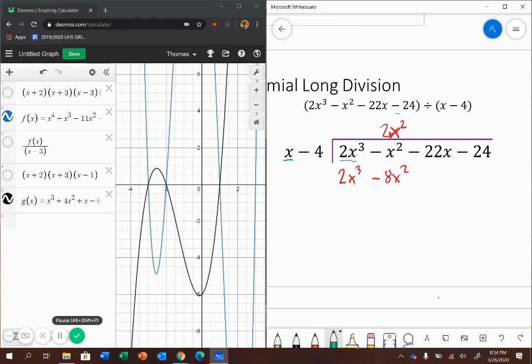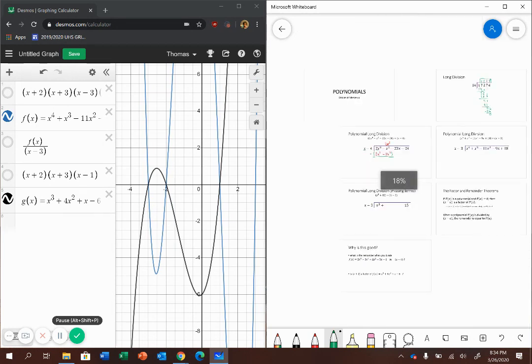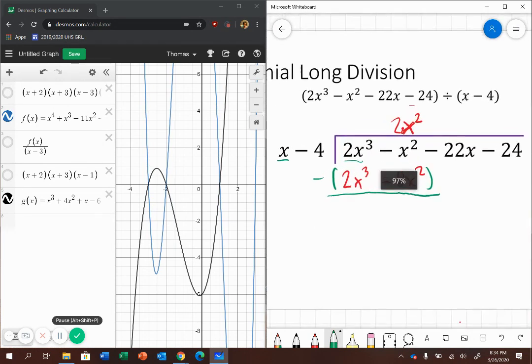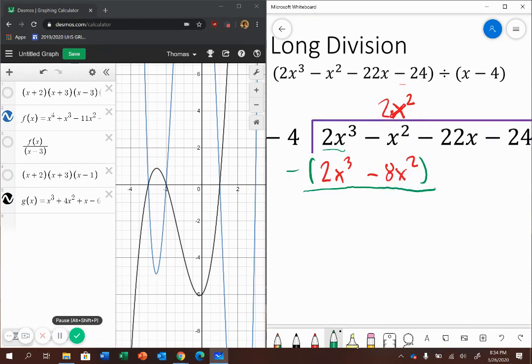Now, just like in the previous example, we're going to subtract this whole thing we just wrote. We're going to look at the 2x cubed and subtract 2x cubed, so that would be 0. And then the negative x squared minus a negative 8x squared, which would be positive 7x squared. Then, just like in the previous example, we bring down this next term.